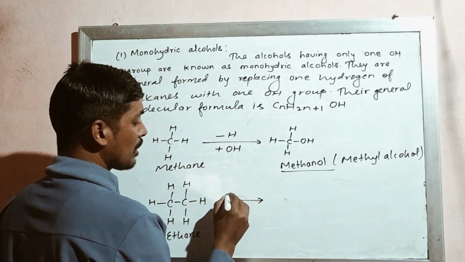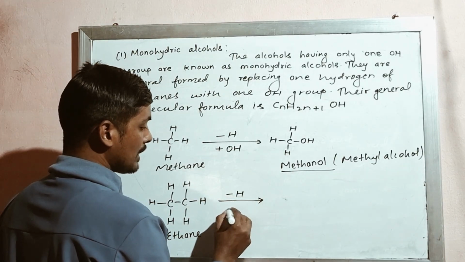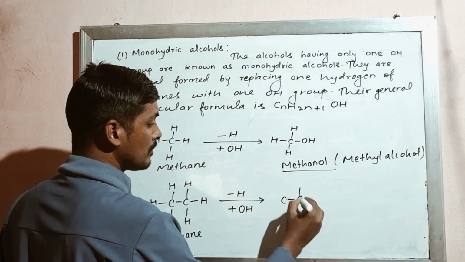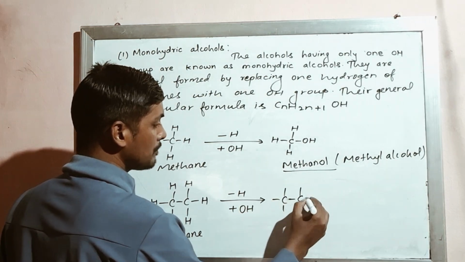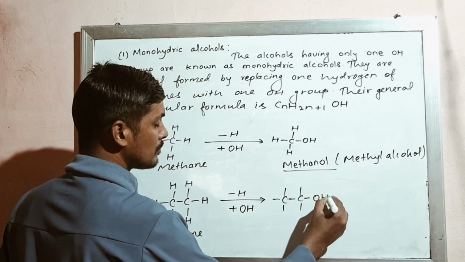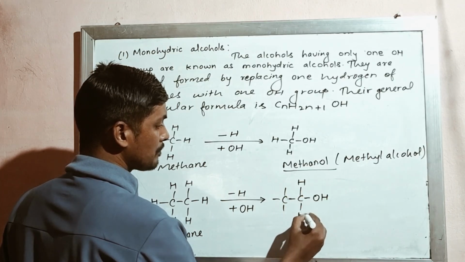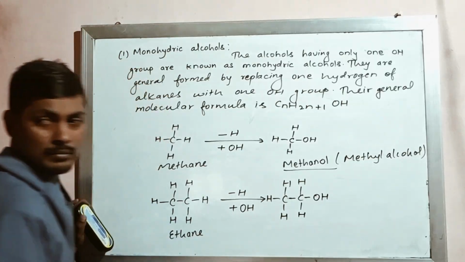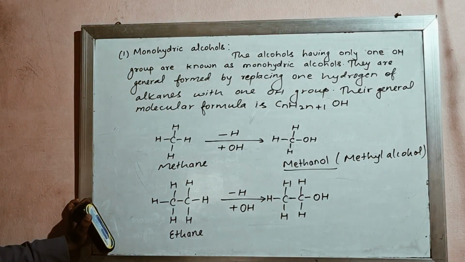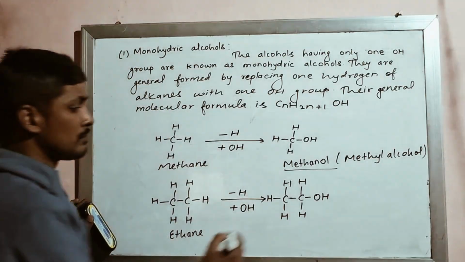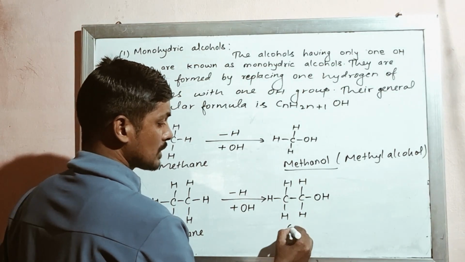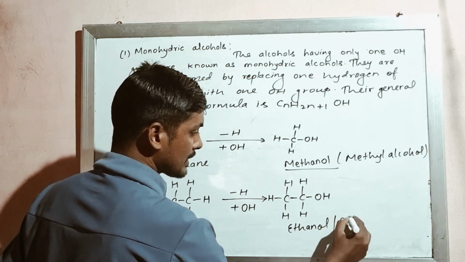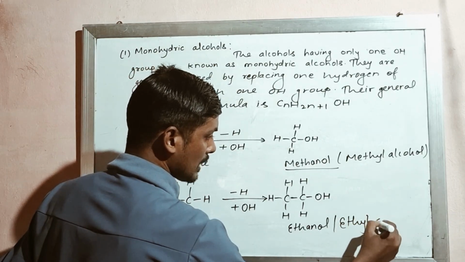If one hydrogen of ethane is removed and one OH is added, then we obtain another alcohol, that is ethanol or ethyl alcohol.